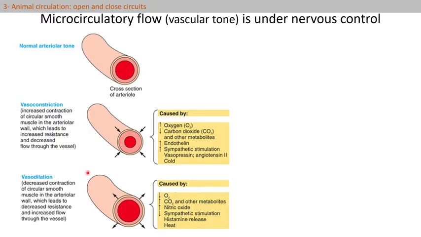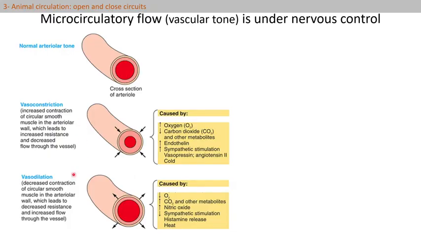However, you could also wonder, why not always have maximal flow? You could always vasodilate every capillary, every arteriole in the body, and then you would always have maximum blood flow, and that's perfect. Well, that's physically impossible.